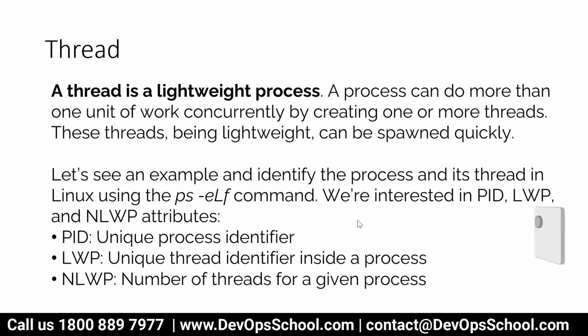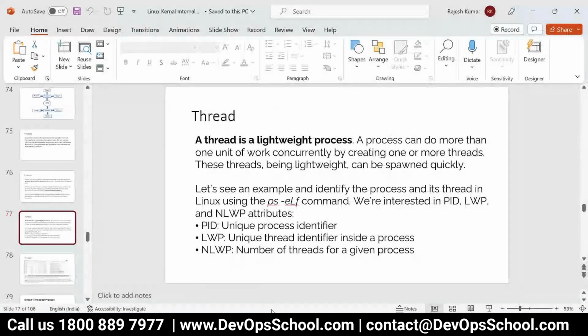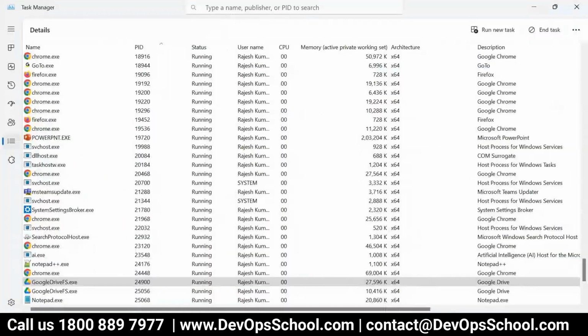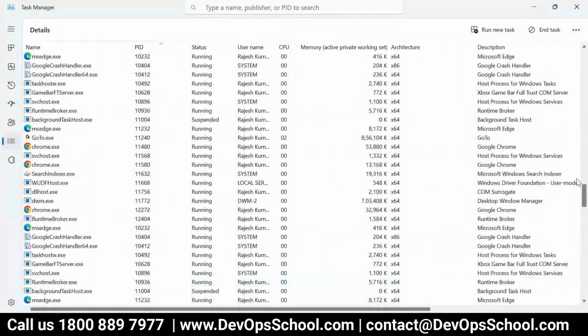The problem in the system is that the CPU can be given to only one process at a time. We feel as if we are running everything, but actually no. So one thing I want you to note and observe is the CPU.